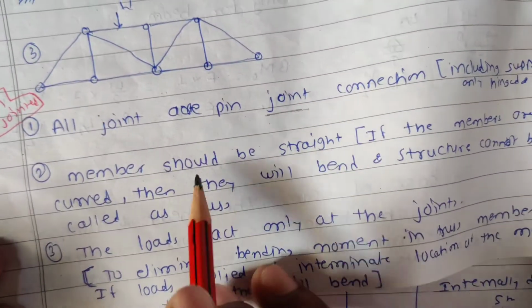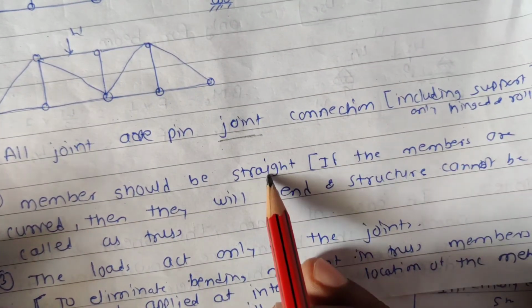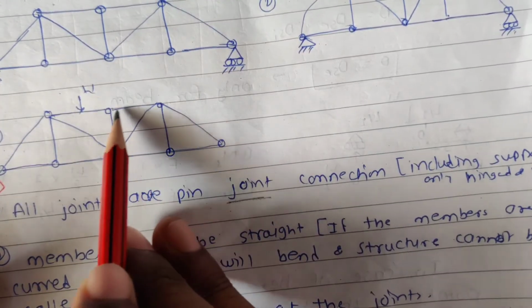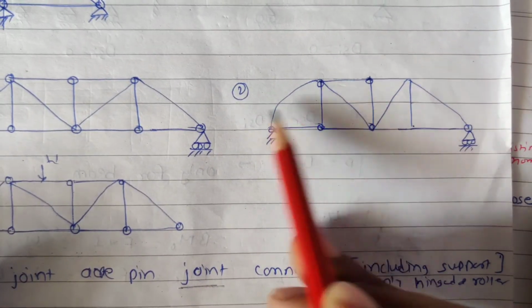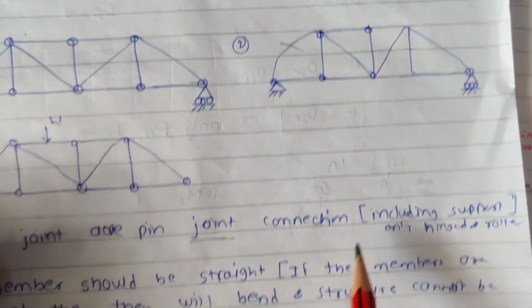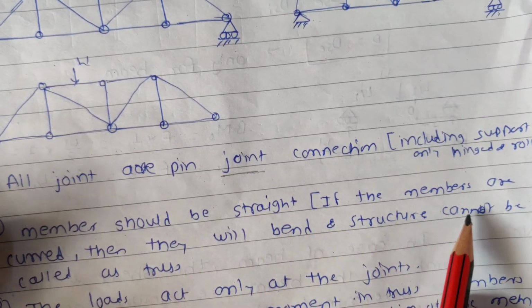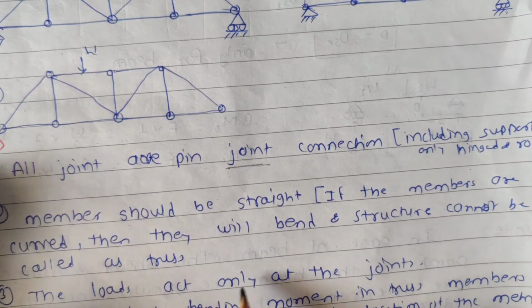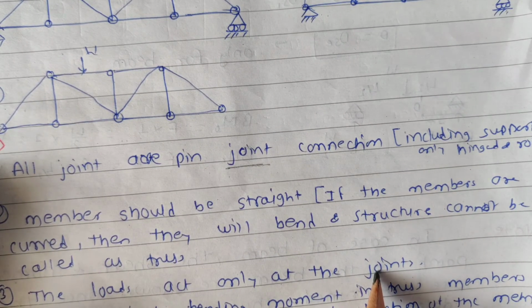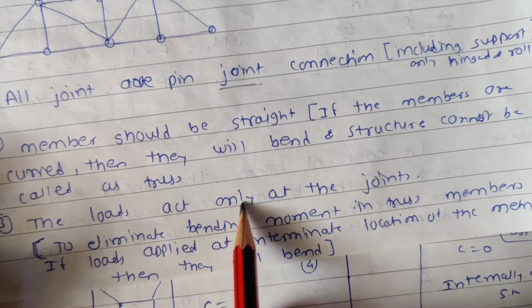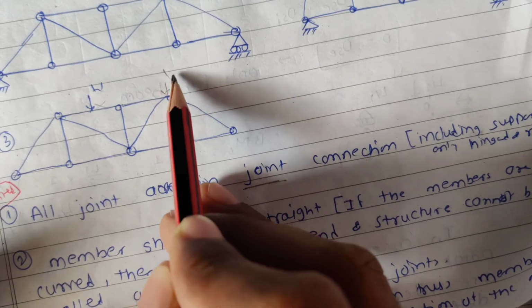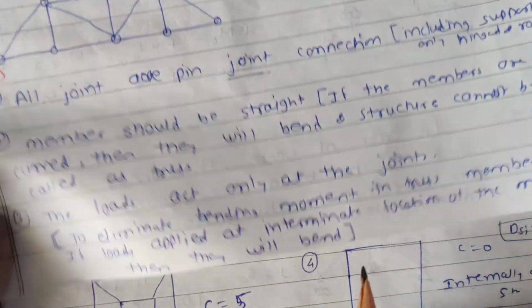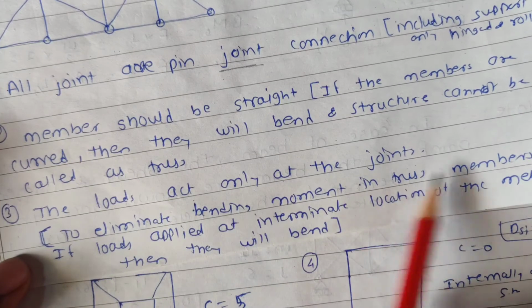Next, members should be straight. Not like this. If the structure is like this, then it is not considered a truss. They will bend and the structure cannot be called a truss. Next, load acts only at the joints. Load should act at joints only, not on the members. This is not correct. Load should act at joints. Yes, that's it. Then we call it a truss.